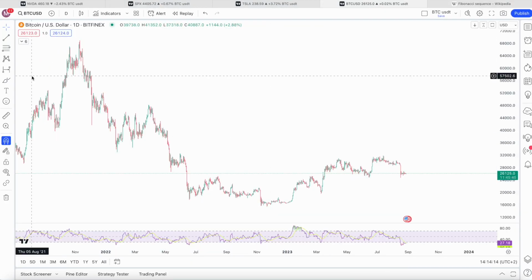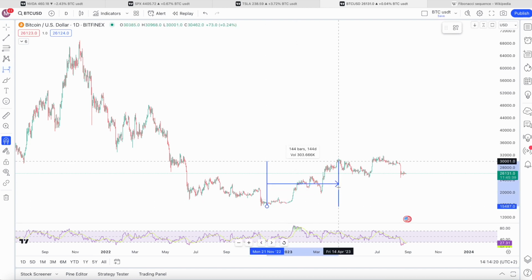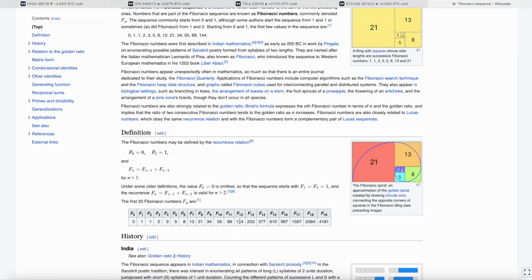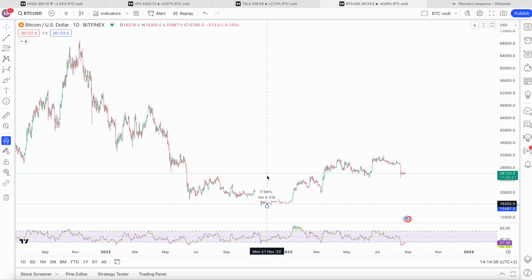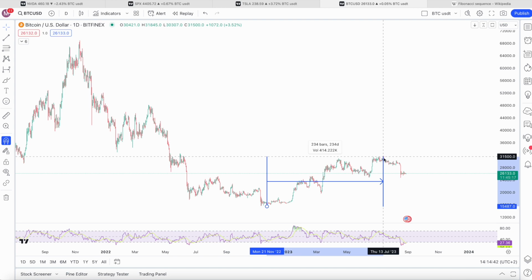All right, let's check the next number. So I take the bottom, and from the bottom, I go to this swing top before this big correction. How many days do I have? 144. Is it a Fibonacci number? 144. Again, Fibonacci number. Okay, but this was really luck. So let's move it from the bottom of this current cycle to the current top.